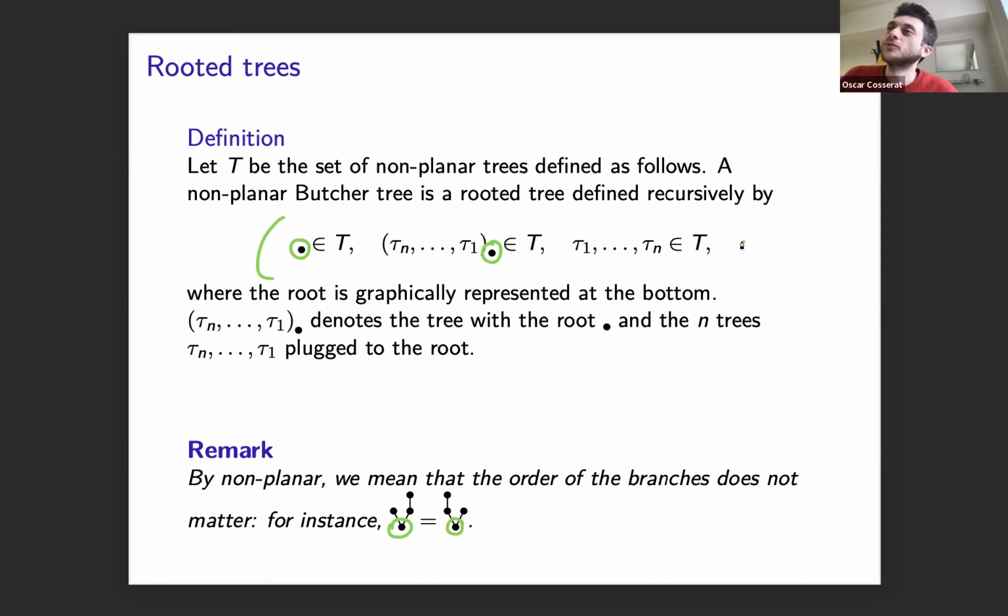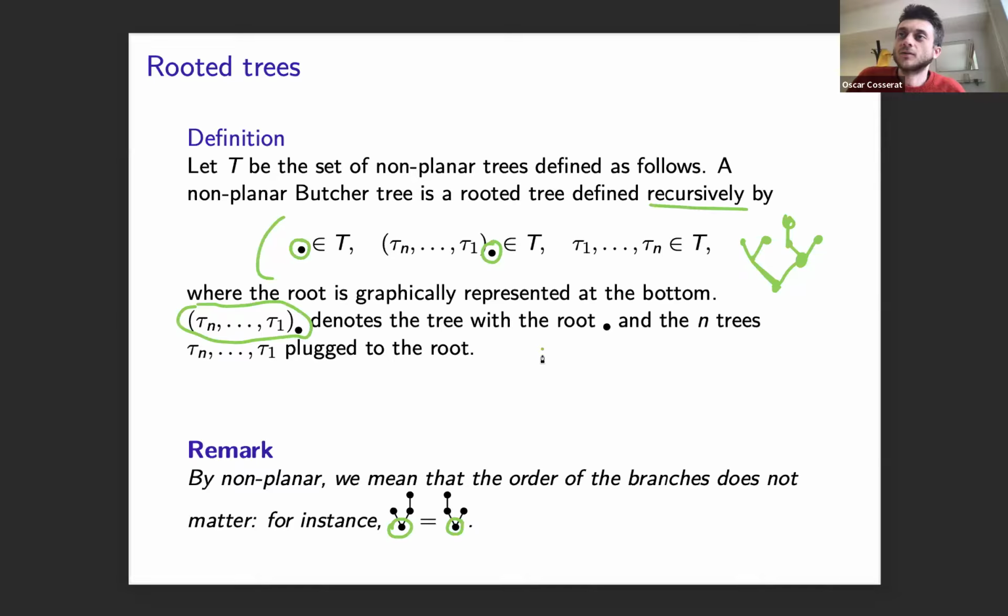and it's defined recursively by this operation. So if you have two rooted trees, you can always put them together by attaching them to a new root. So this is the recursive operation that defines the non-planar trees. And this notation, tau n dot tau 1 attached to the root, denotes this tree.